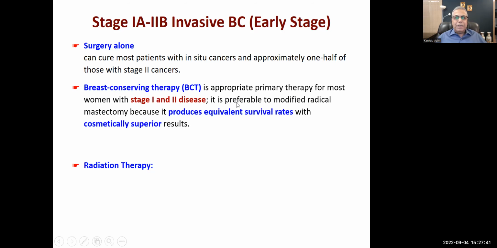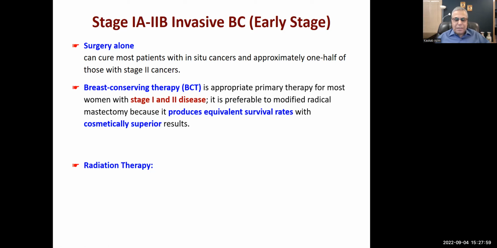Breast conserving therapy is appropriate primary therapy for most women with stage 1 and stage 2 disease. It is preferable to modified radical mastectomy because it produces equivalent survival rates with cosmetically superior results, right?